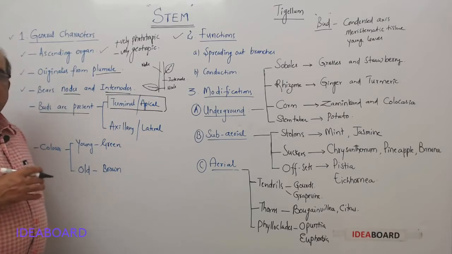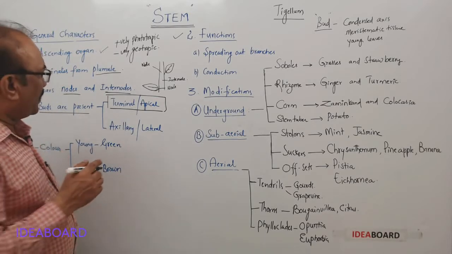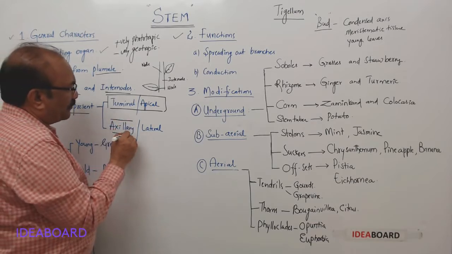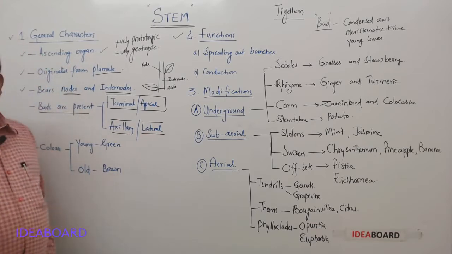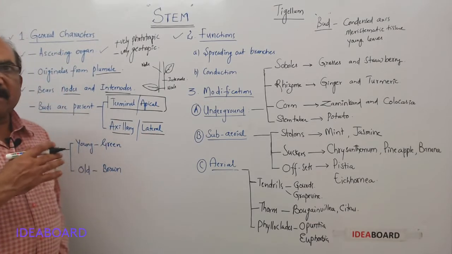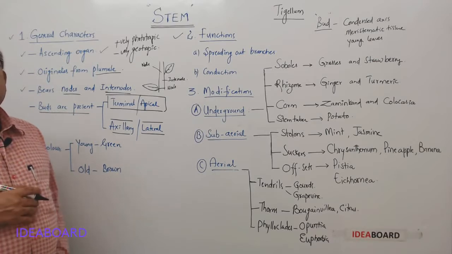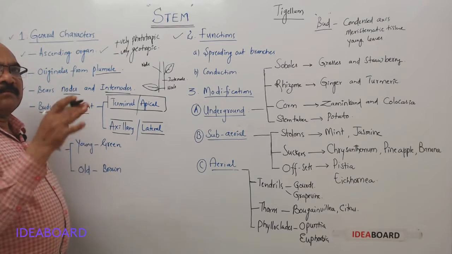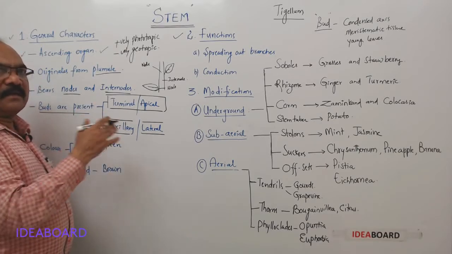And in the axils of the leaves, you will find some buds. The buds present in the axils of the leaves are called axillary buds or lateral buds. You have to remember these alternate names so that you will not get confused. So, what is the other name of terminal bud? Apical bud. And what is the other name of axillary bud? Lateral bud.